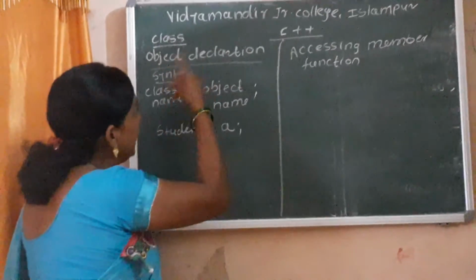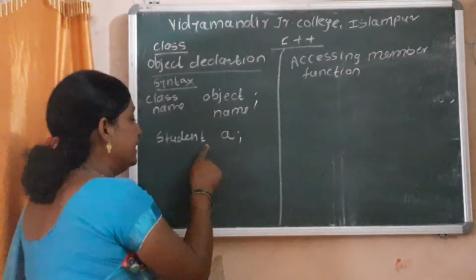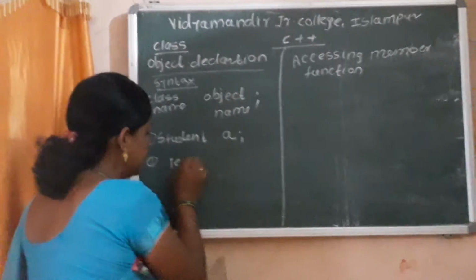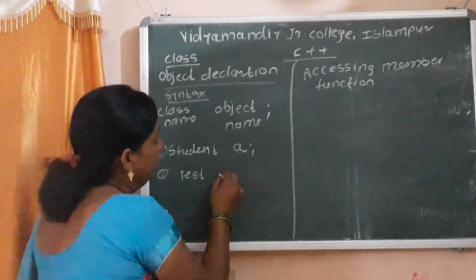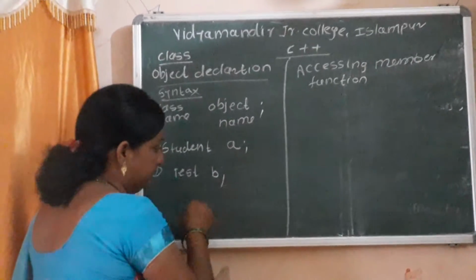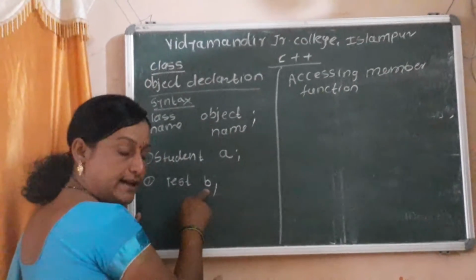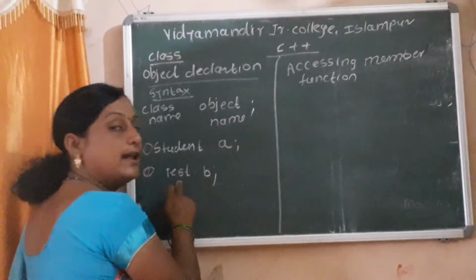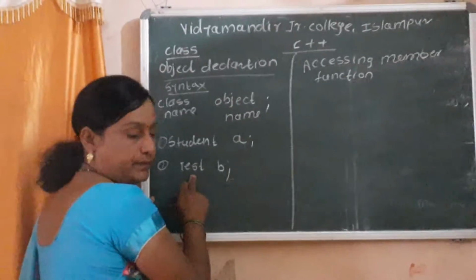First we give the class name. Next, for example, second one, if our class name is test and I write the variable b, it tells the compiler that here b is an object of class test. Okay.